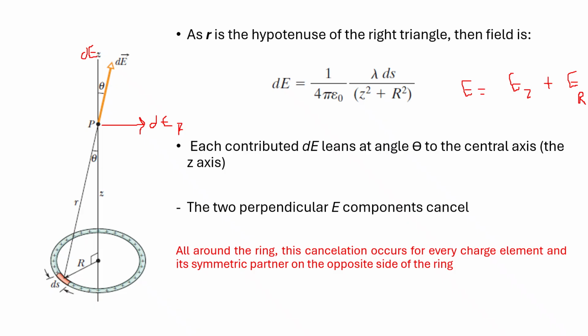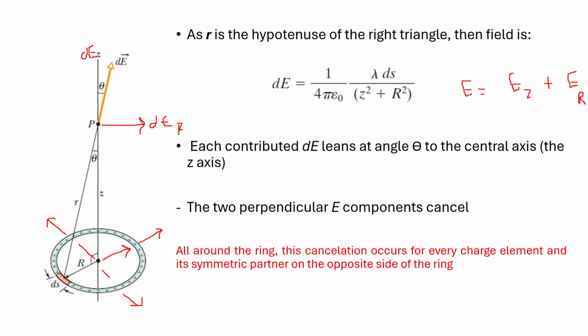The two perpendicular electric field components will cancel each other, as you know that they have opposite directions. The charges here will have opposite directions. So when the charges produce the electric field, it will cancel out due to the symmetry.